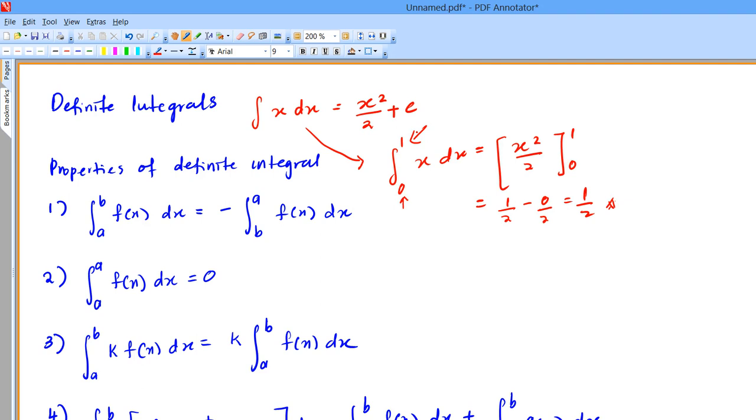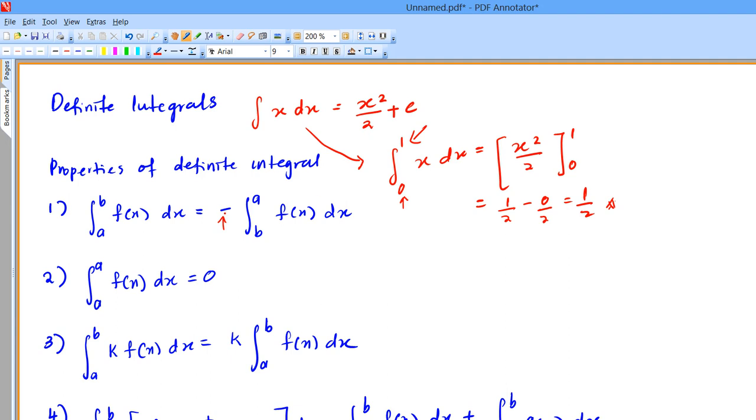Okay, next we move to properties of definite integral. Okay, first property, if we have integral of f(x) dx and then we have lower limit a and upper limit b, and then if we change the limits, upper limit becomes lower limit and lower limit becomes upper limit, so we just need to add a negative sign.